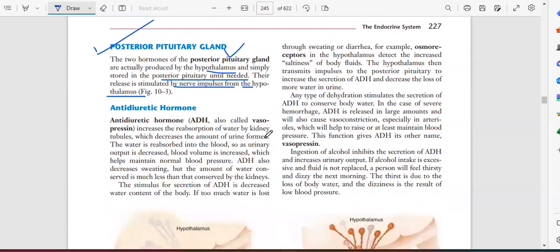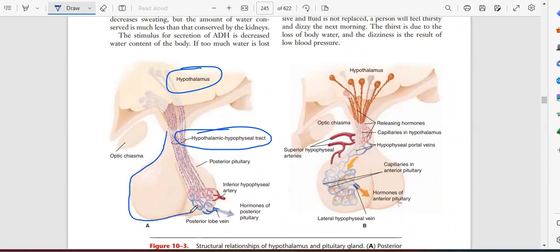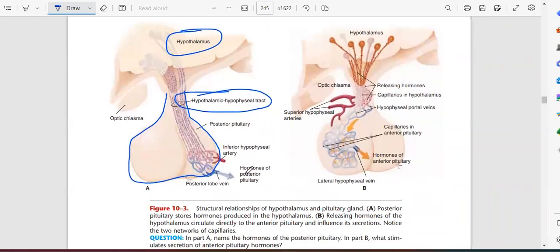So what are those hormones? Let's talk about the first hormone, antidiuretic hormone. You can see the hypothalamus, the hypothalamic-hypophyseal tract, and the pituitary gland. There is the optic chiasm, the posterior pituitary gland, the lobe vein, and the inferior hypophyseal artery.